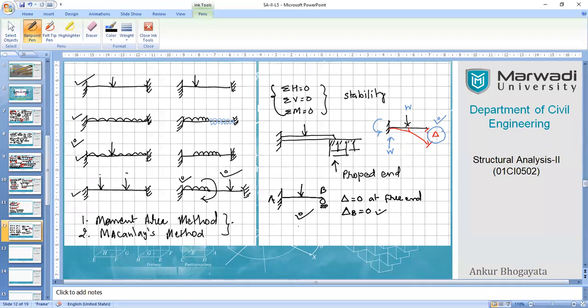You may have used some methods which simplify this kind of problem. But when you come across prop cantilevers, it is always advisable to utilize the methods which are convenient to solve the problem according to the loading conditions.